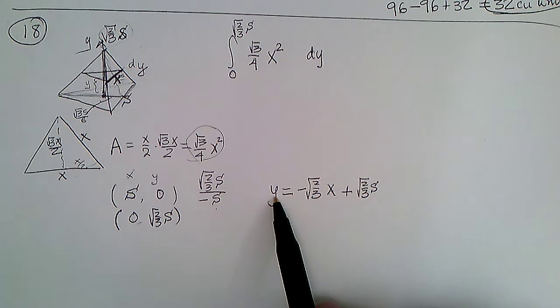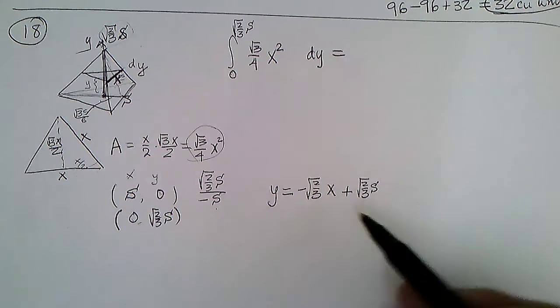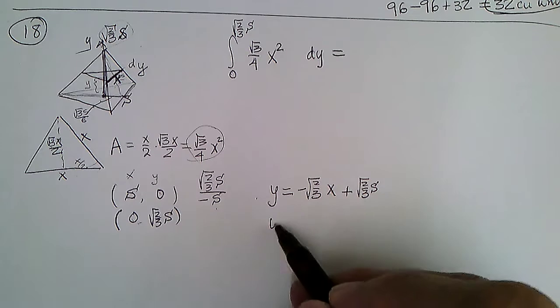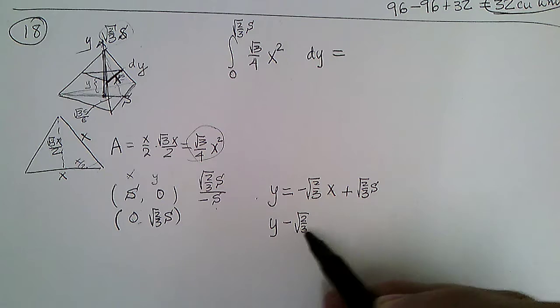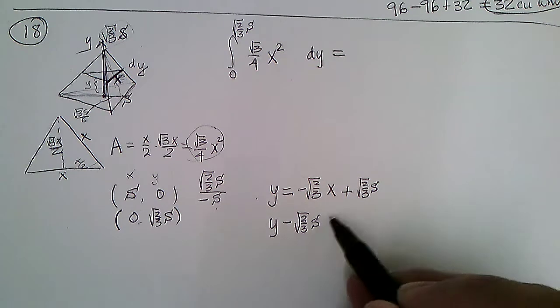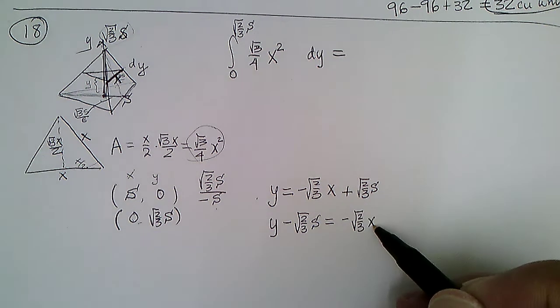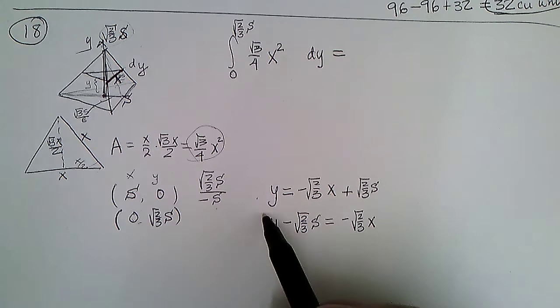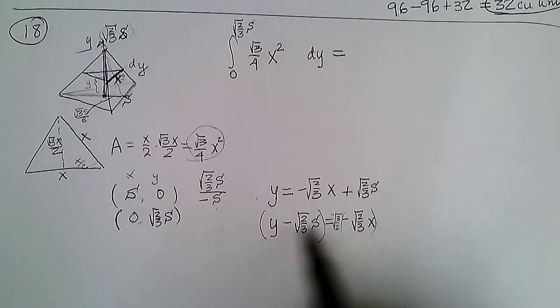in this. So I'm going to do that, subtract this from both sides, so I'm going to have y minus the square root of 2/3 s equals negative square root of 2 over 3x. I'm going to multiply both sides by the reciprocal, which would be negative square root of 3 over 2.